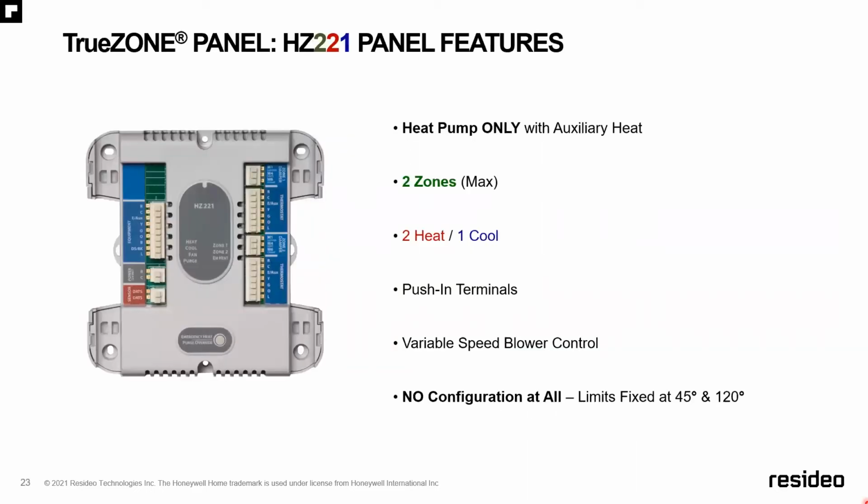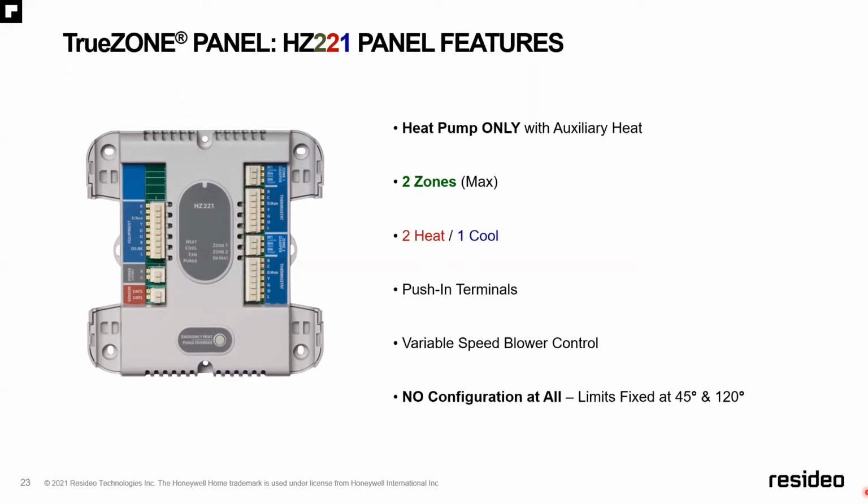Okay, so we're going to look at that heat pump panel that is the 221. As we mentioned earlier, that first 2 indicates 2 zones, 2 stages of heat and 1 stage of cooling. So keep in mind, the compressor is going to be your first stage of heat, with the auxiliary heat being the second stage of heat.